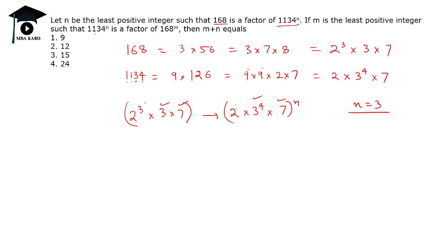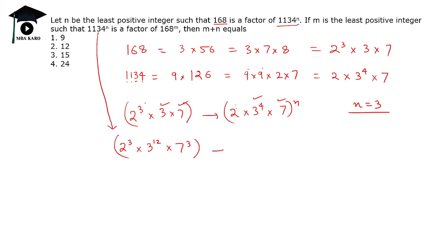Now we will use this expression. Now this is 1134 raised to the power n, that becomes 2 raised to the power 3 into 3 raised to the power 12 into 7 raised to the power 3. This is this value.